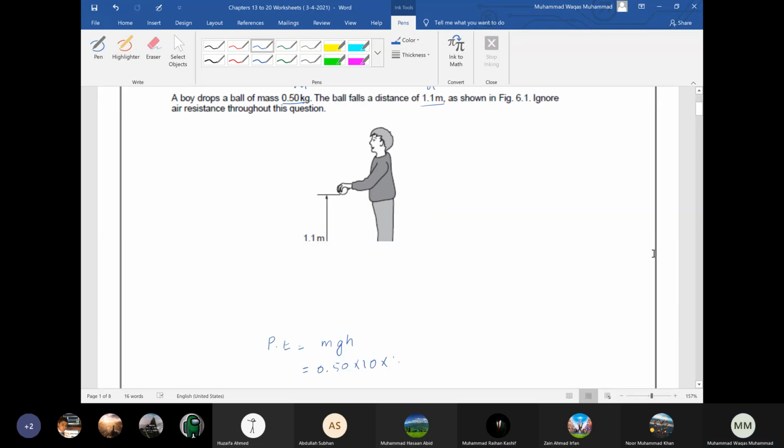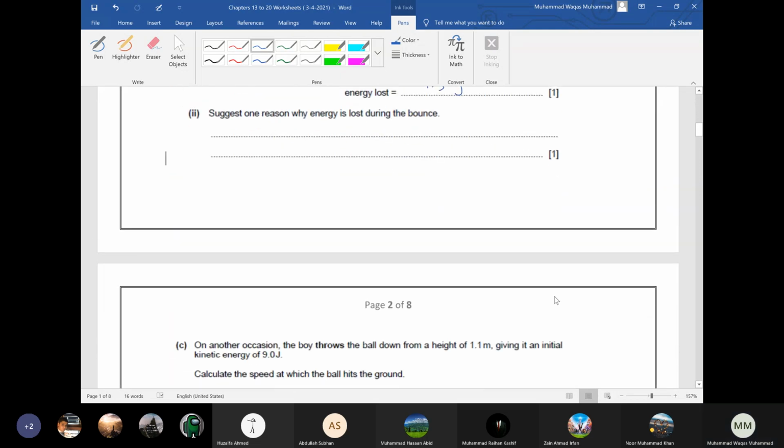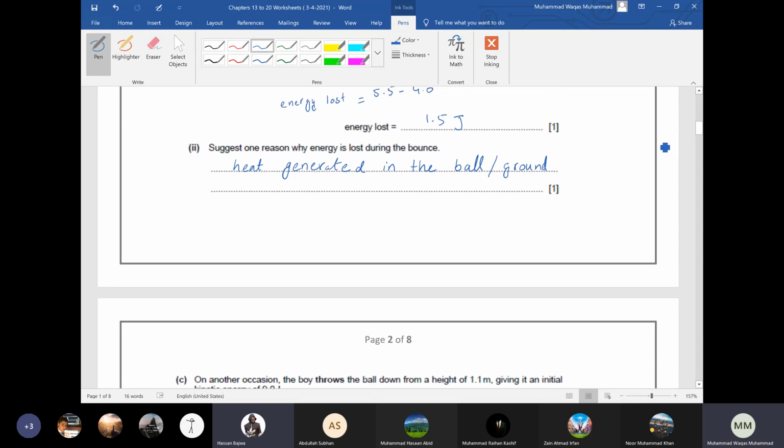So beta, you can say heat generated in the ball, or you can say the ground, ball or ground. So there can also be sound energy. Sound energy, beta?